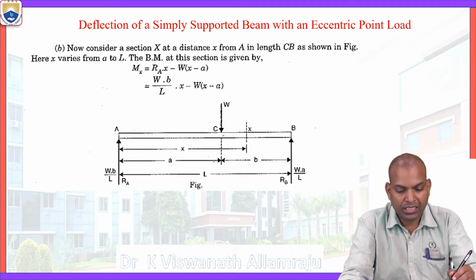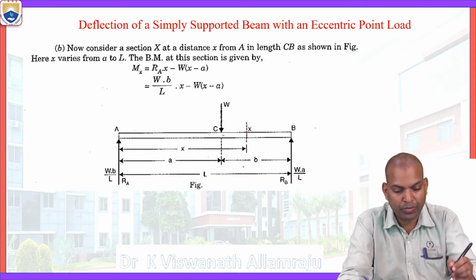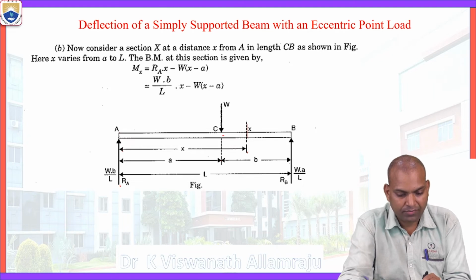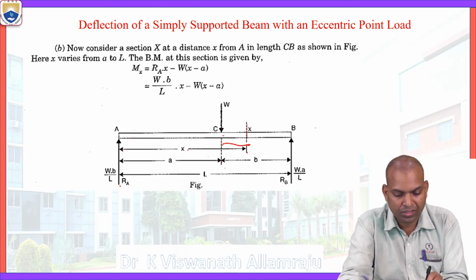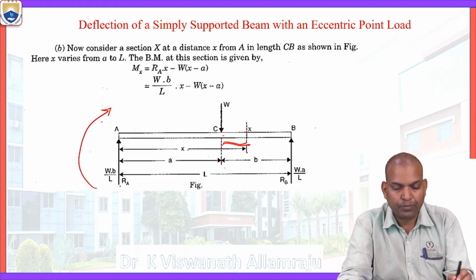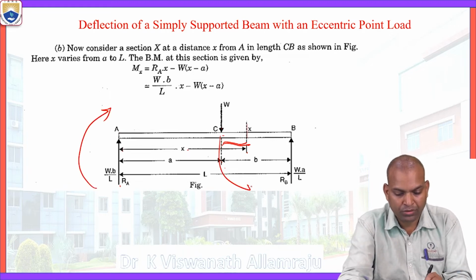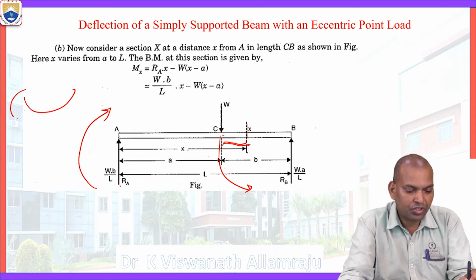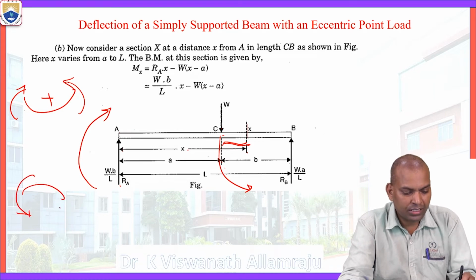For the beam in this section we need the bending moment. Mx equal to RA times x minus W into x minus a. This RA term is the positive sagging portion, and this W term is the hogging portion, so that's why it is negative.